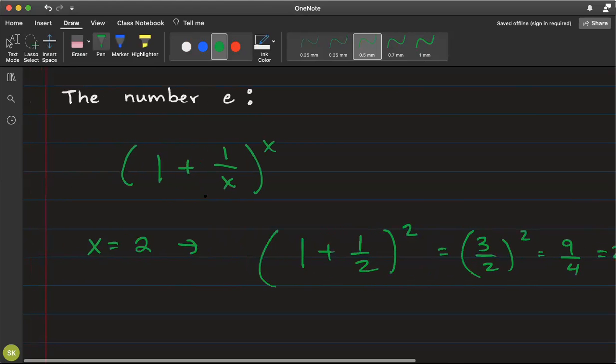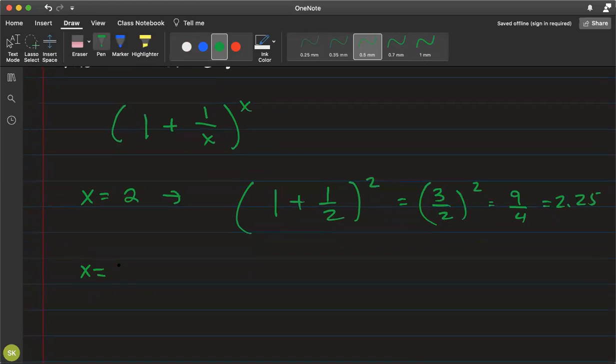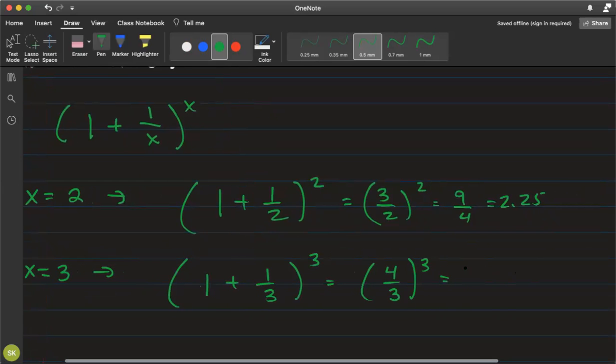Now let's make this x bigger. Let's say x is equal to 3. So if I plug that into this expression, I get 1 plus 1 over 3 cubed. Wherever I see an x, I'm plugging in 3. So this is 3 over 3, so this is 4 over 3 cubed, which is 4 times 4 times 4 over 3 times 3 times 3. This 3 is sent to everything inside.